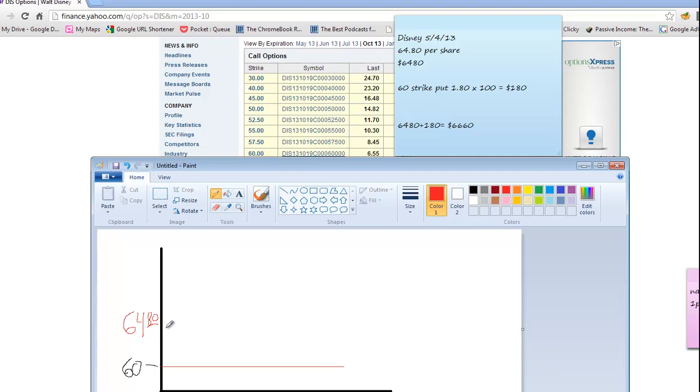Okay, so this is essentially the strike price, and then I also have my break even, which is $1.80 plus the 64.80. So in this case, my break even point is 66.60. If that makes any sense.